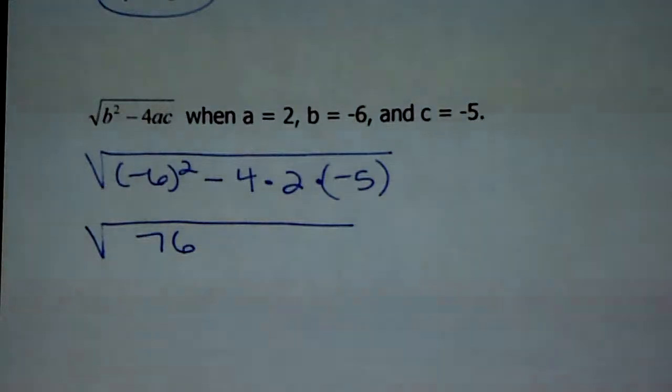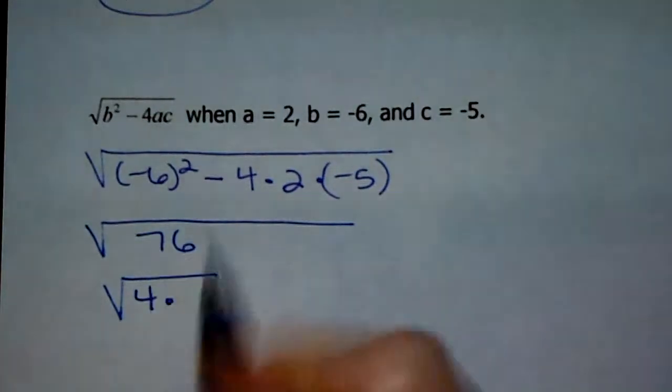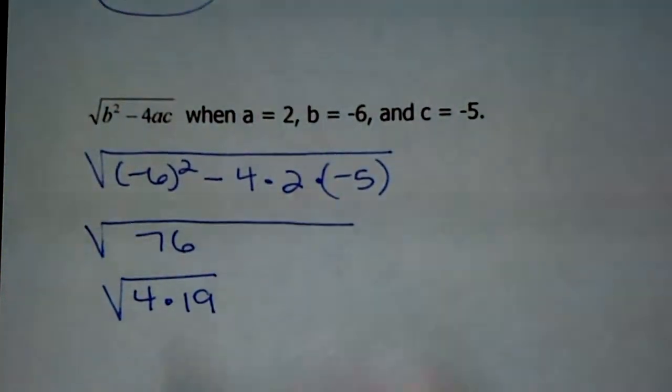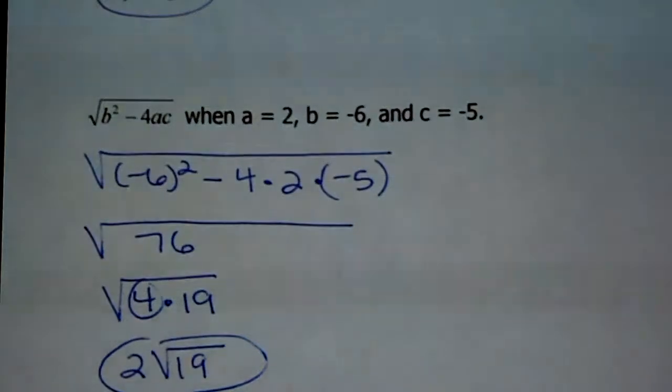I know 2 goes into 38 also, right? So if 2 goes into 76 and 2 goes into 38, doesn't that mean there's 2 2's? So let's try taking 76 divided by 4. Ooh, that works. 76 divided by 4 is 19, which is prime. That's a much quicker way to get there. The square root of 4 is 2, and I'm left with the square root of 19 inside. So now that's in simplest form.